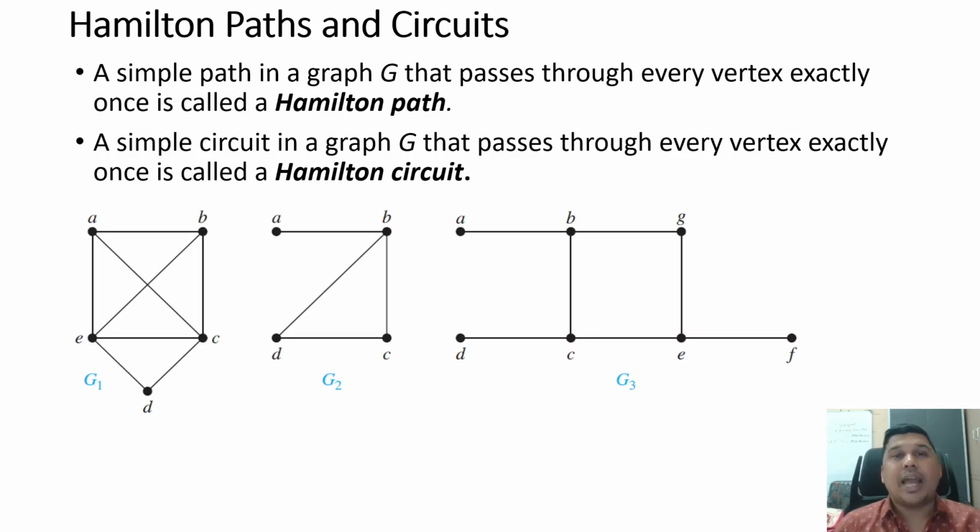In the same way, Hamiltonian means visit all the vertices exactly once. Ignore the edges. In this graph G1, when starting from A, we cover only a few edges. We are not worried about the other edges, because that is not our goal. Our focus is only on the vertices. So remember, Euler means focus on edges, E and E matching. The other one is Hamiltonian, where the focus is on vertices.